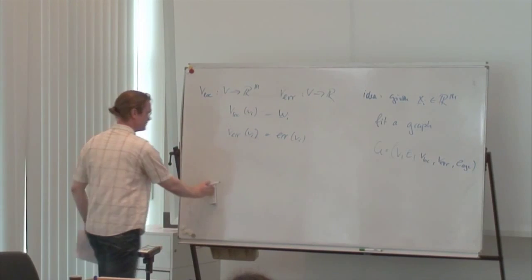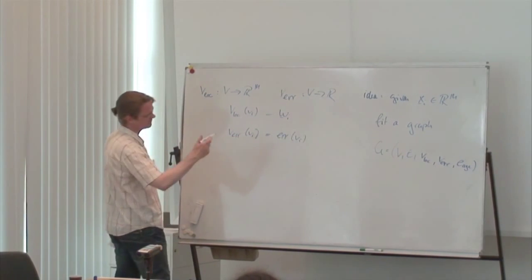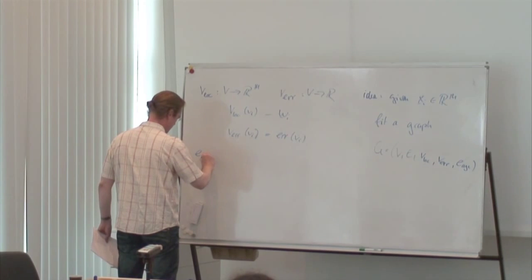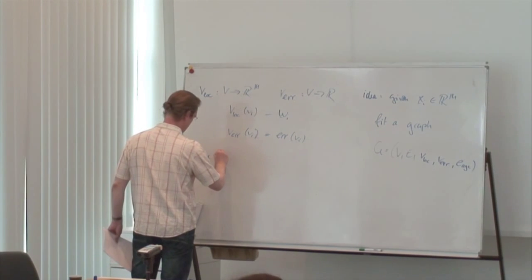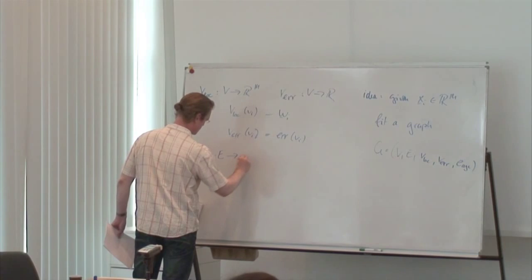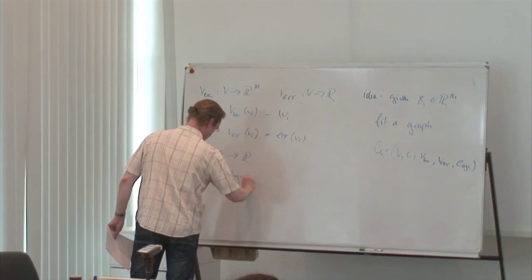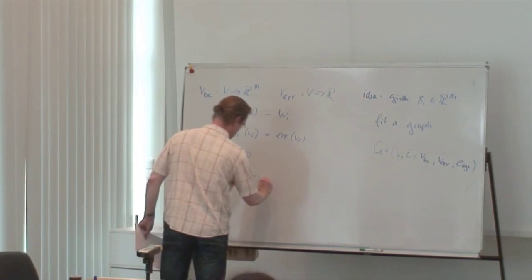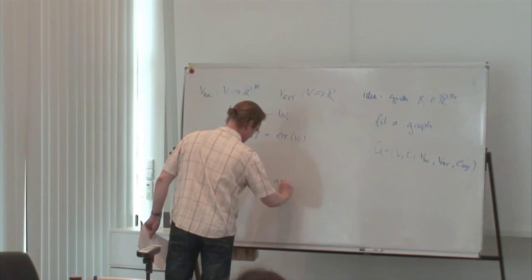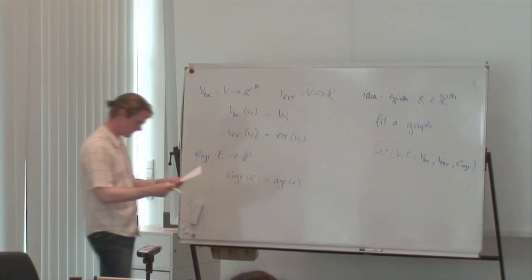And then we have this edge labeling function EH that maps an edge to a real number, and again instead of EH of some edge E, I'll just write H of E.